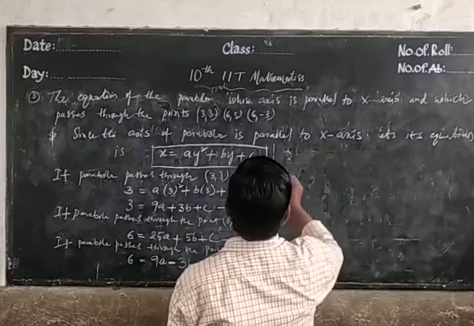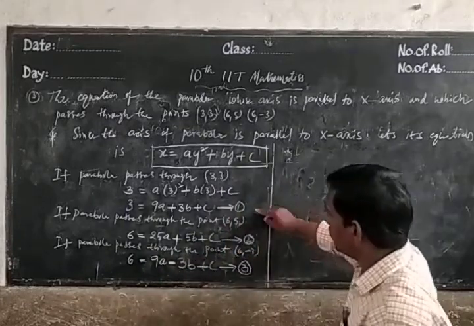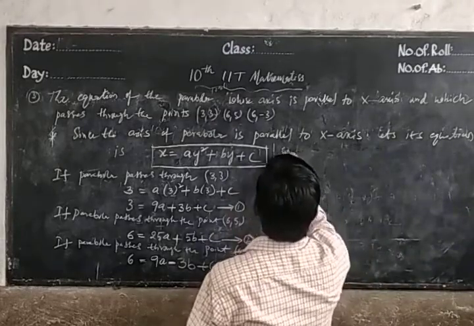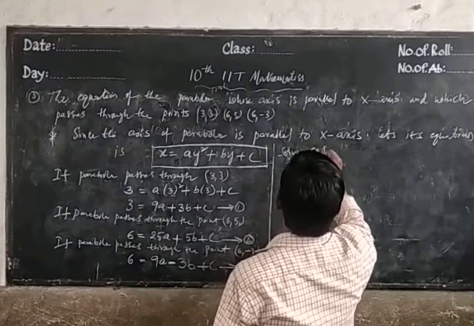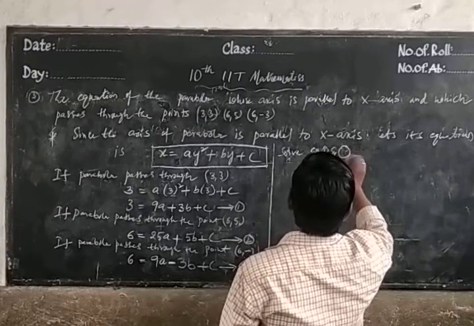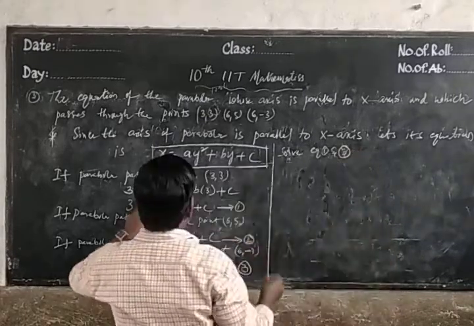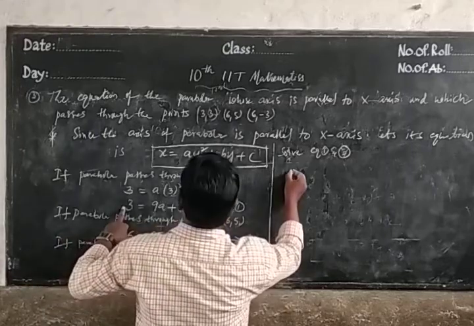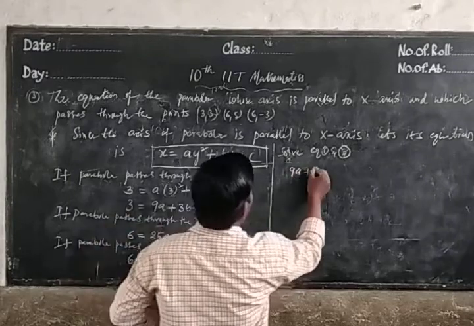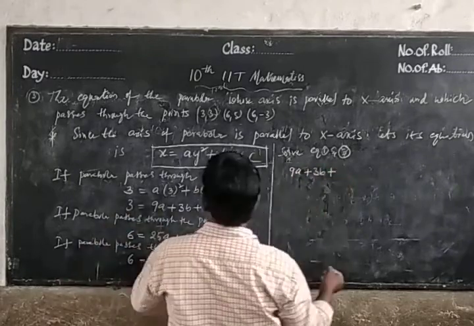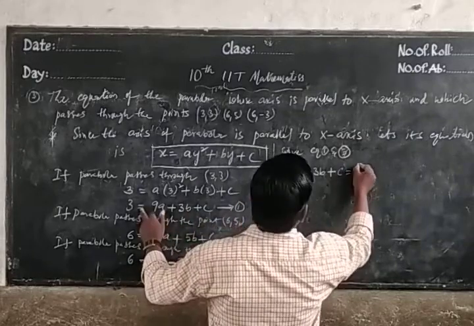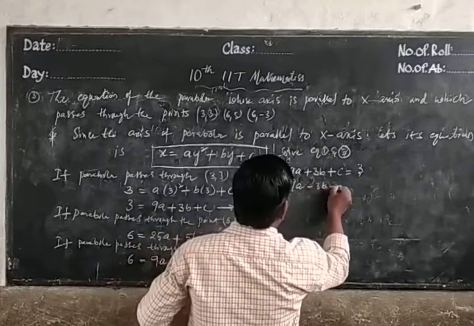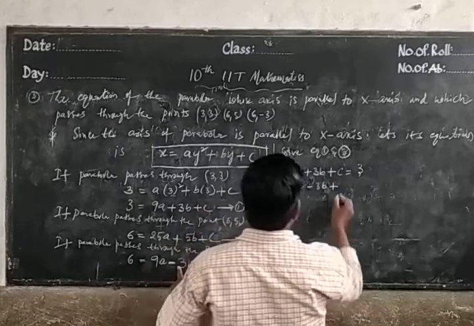Now solve equation 1 and 3. 9a plus 3b plus c equal to 3 and 9a minus 3b plus c equal to 6.